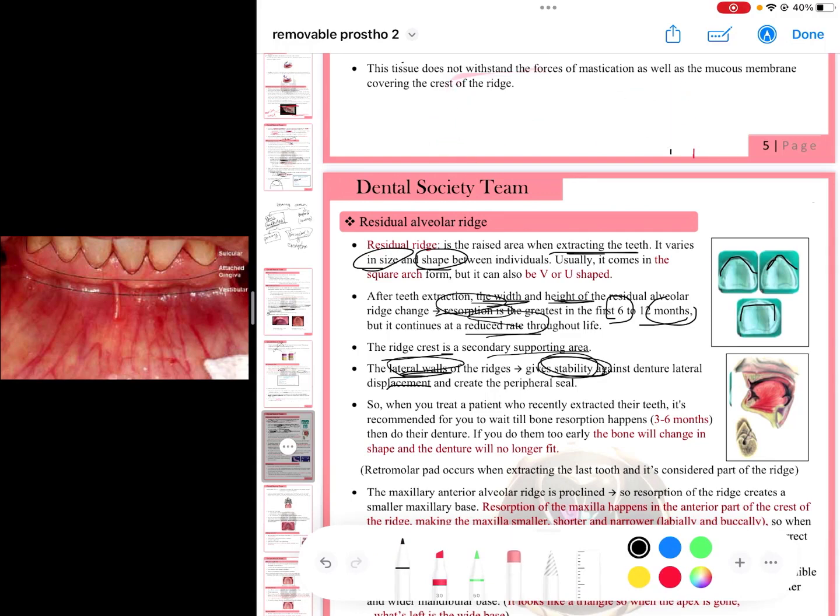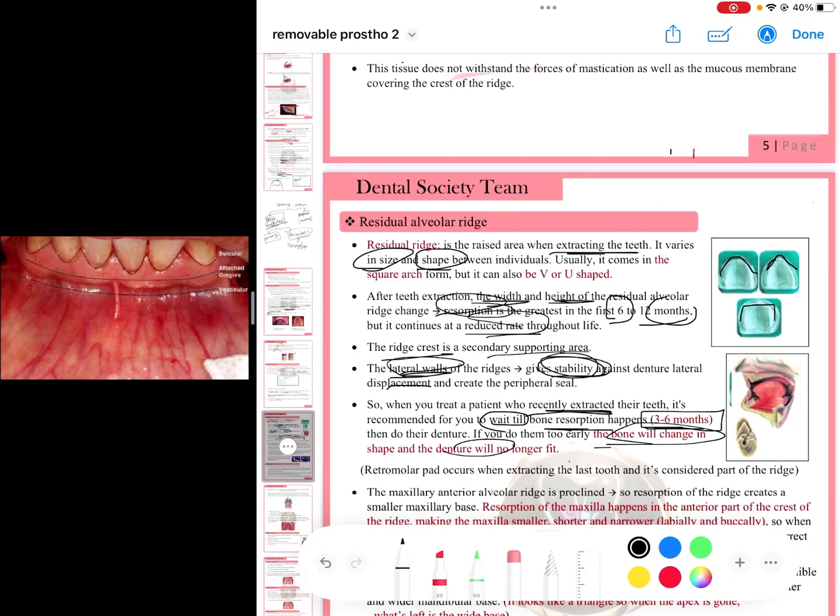When you treat a patient who recently extracted their teeth, it's recommended to wait until bone resorption has happened, about 3 to 6 months, okay? If you do it too early, the bone will change fast, the denture won't fit, and you will have to make a new denture. Next year, inshallah, in third year, when you bring a complete denture patient, you have to ask them, when did you extract your last tooth?